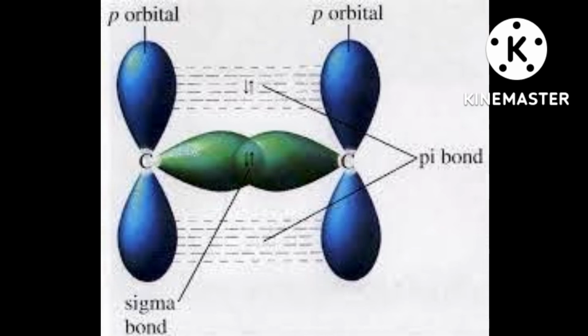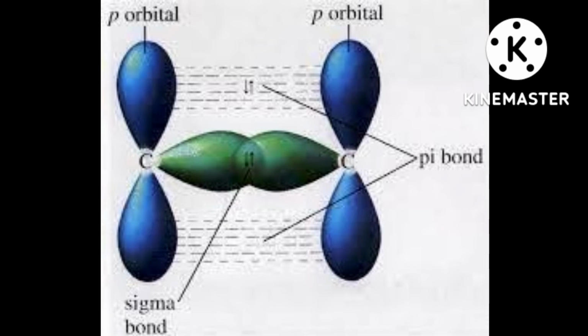In one p orbital, electron will be there, suppose upside, and generally only the upside will have electron, the down lobe has no electron. Then both dumbbells should come in such a way that the lobes where electrons are there should overlap each other. Both lobes in a dumbbell orbital are 50% up, 50% down. The upside will have electron, not the down.